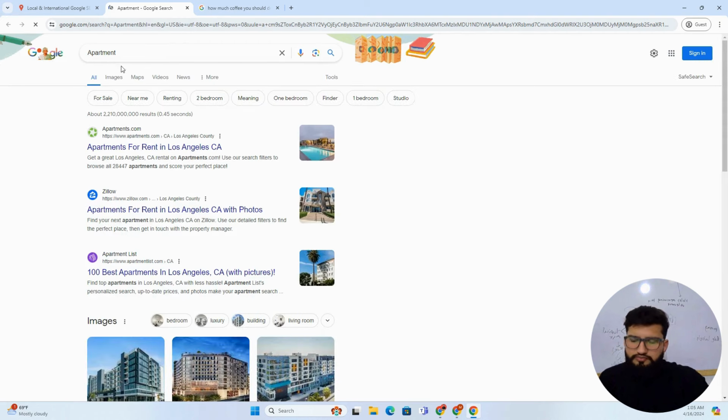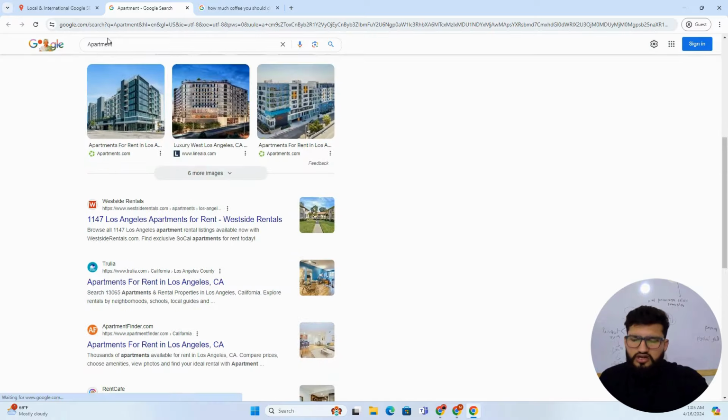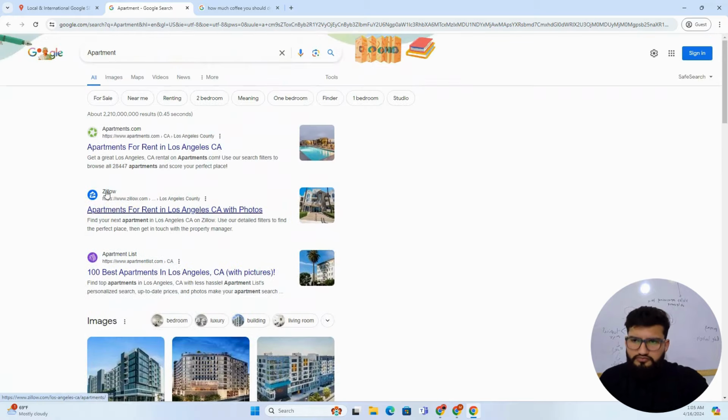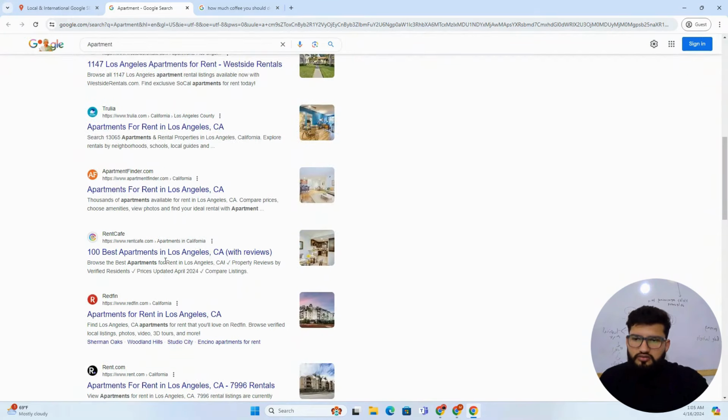Is Google familiar with this entity or not? Or is it just a topic, or maybe not very popular? Mainly users search apartment for getting rent.